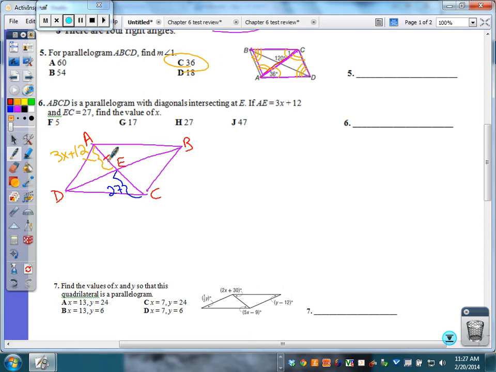When they bisect, that means this part is congruent to this part, and this part is congruent to this part. So if this part is congruent to this part, then we can say 3x plus 12 equals 27. After I subtract 12 from both sides, we get 3x equals 15, therefore x equals 5.